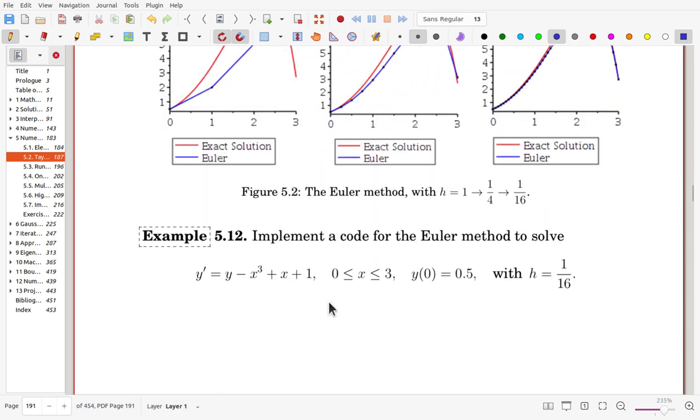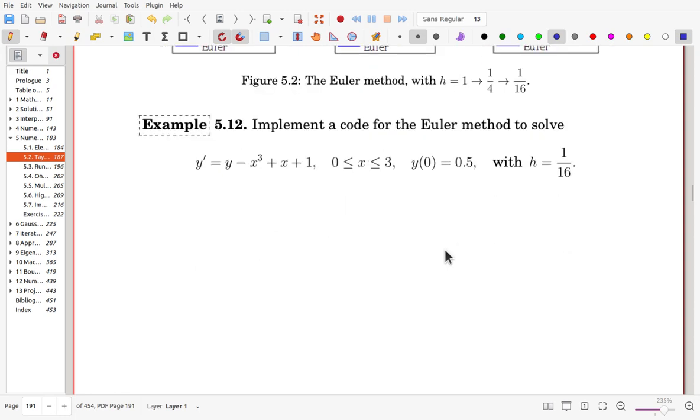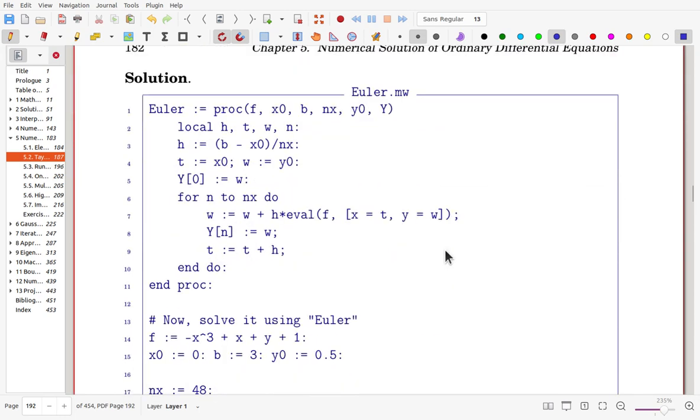Here, for the problem with h 1/16, we implement a code for the method. Okay, here we have the Euler method along with Maple software. That is now for given f and x0, and b is the terminal point and the number of points, and y0 and capital Y will save the solution at the mesh points.